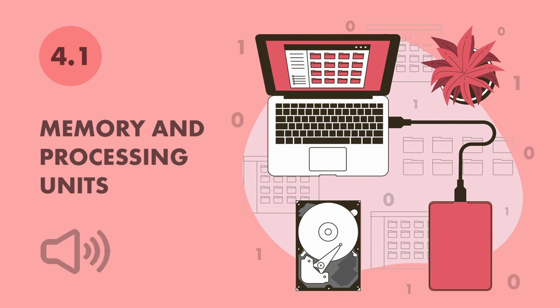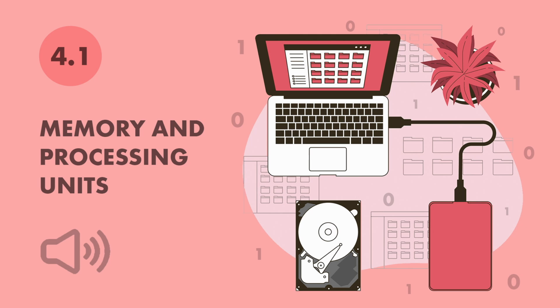Numbers from 0 to 8 look like this in binary form: 0, 1, 10, 11, 100, 101, 110, 111 and 1000. 0 means off and 1 means on. These 2 digits, 0 and 1, are called bits. These bits are stored in the computer memory and are measured in terms of bytes.